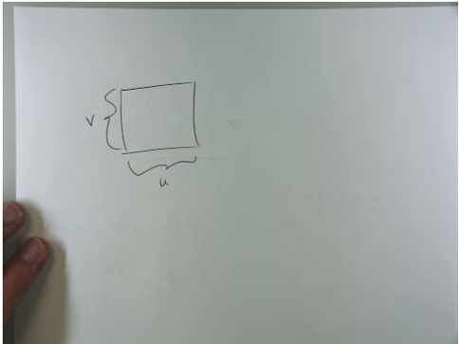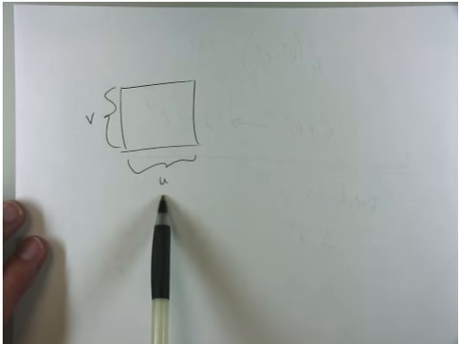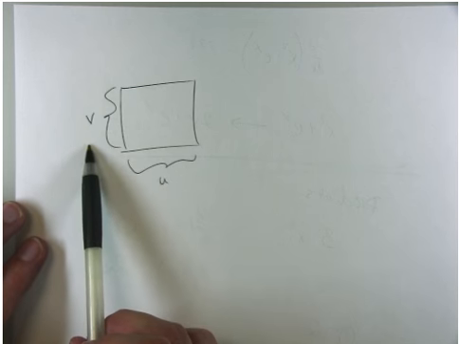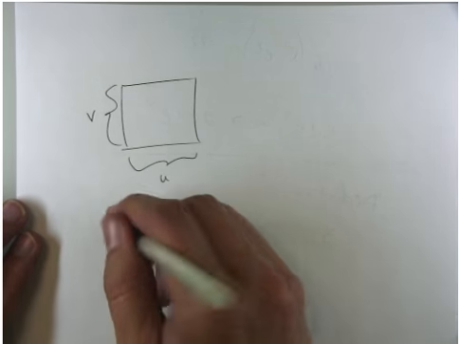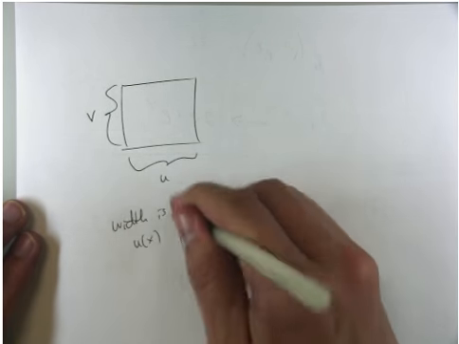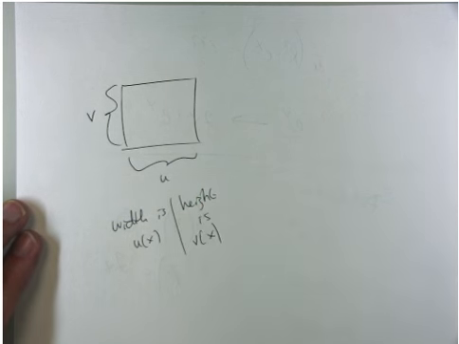Suppose I had a box, right? And the width of that box was u, and the height of that box was v. And u and v both depended on some other variable like x, right? So width is u of x, height is v of x.